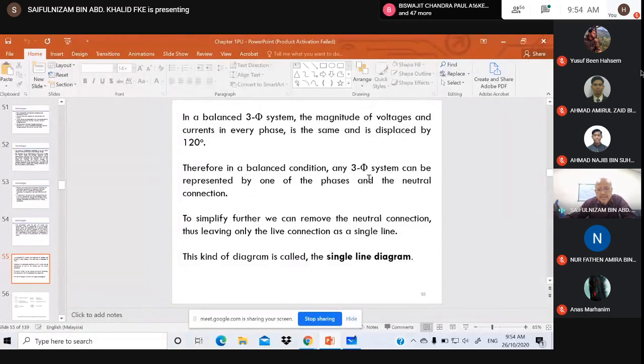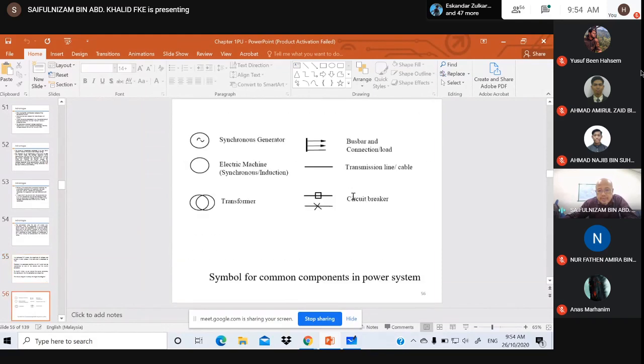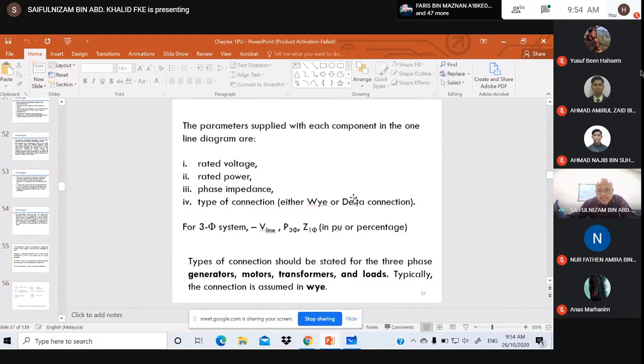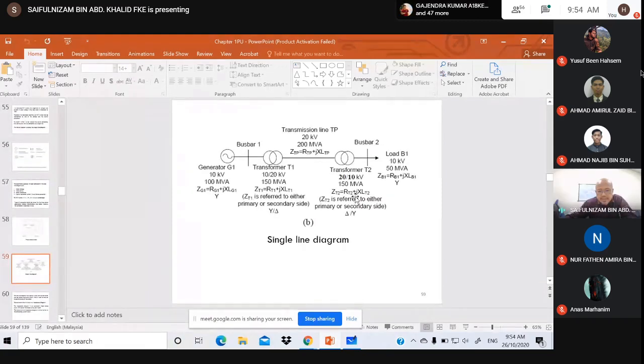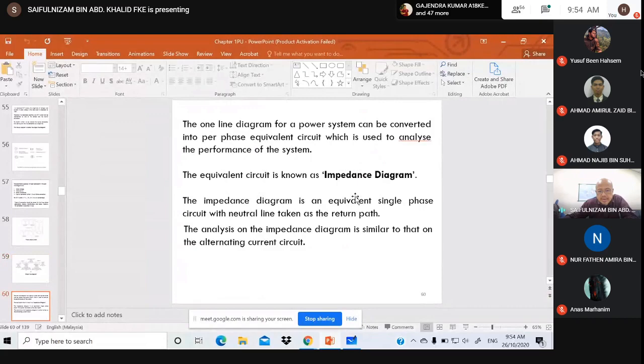The theoretical is almost the same. You can read, starting from page 55 until the end is the old version of the per unit notes. So you can read by your own. Maybe we can go for the example.